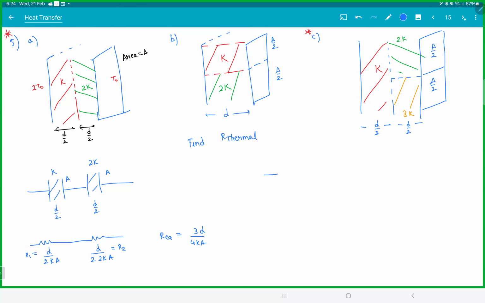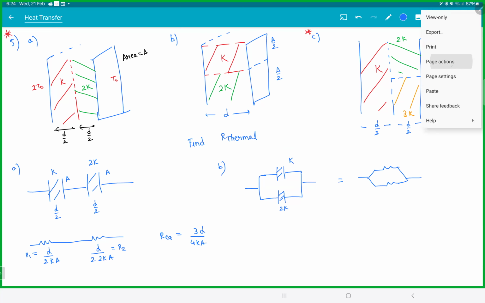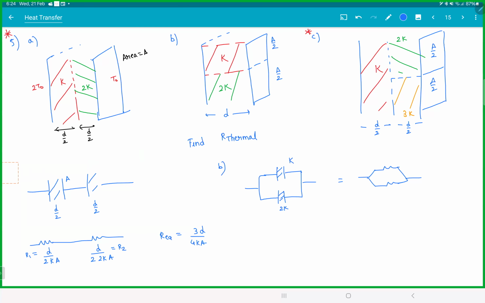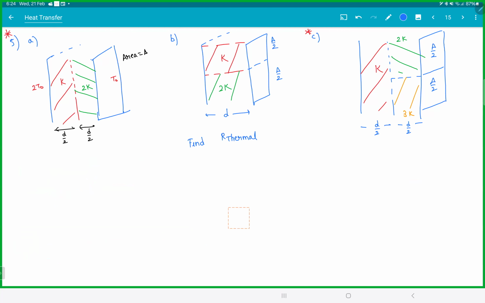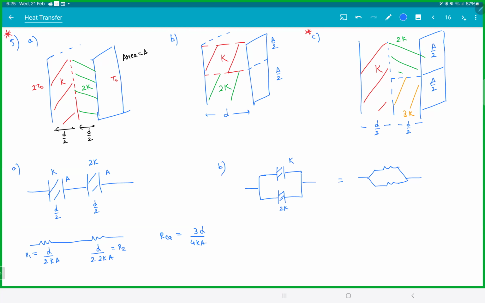B can be written like this, parallel. The upper one is K, the lower one is 2K. So the upper one has length D, K, area is A by 2.